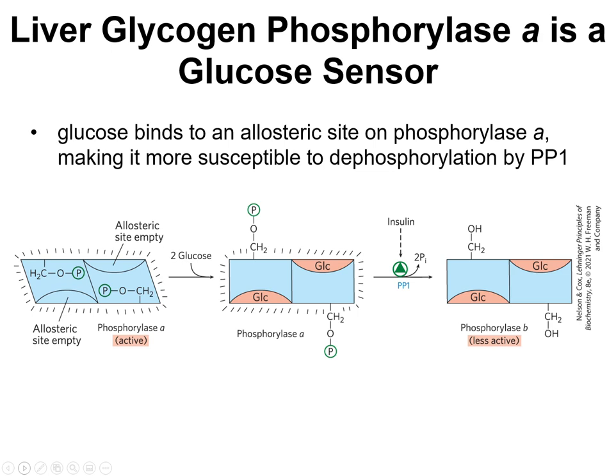And what it does is it makes those phosphorylated serines stick out like sore thumbs so that they can be cleaved. And then insulin will also signal to PP1, hey, you should go and turn off that phosphorylase A because we've got plenty of glucose in the blood. So when you have phosphorylase B in the liver, it will also be bound to glucose.